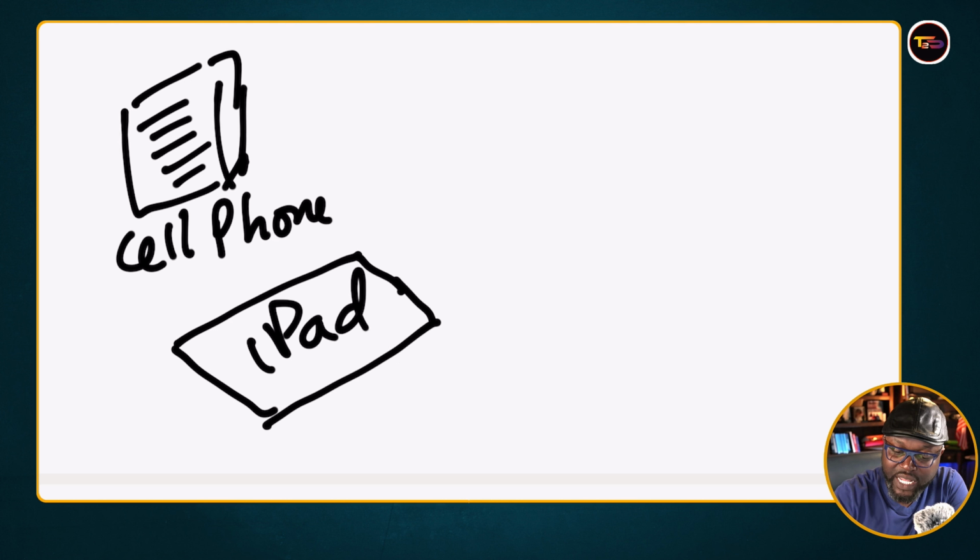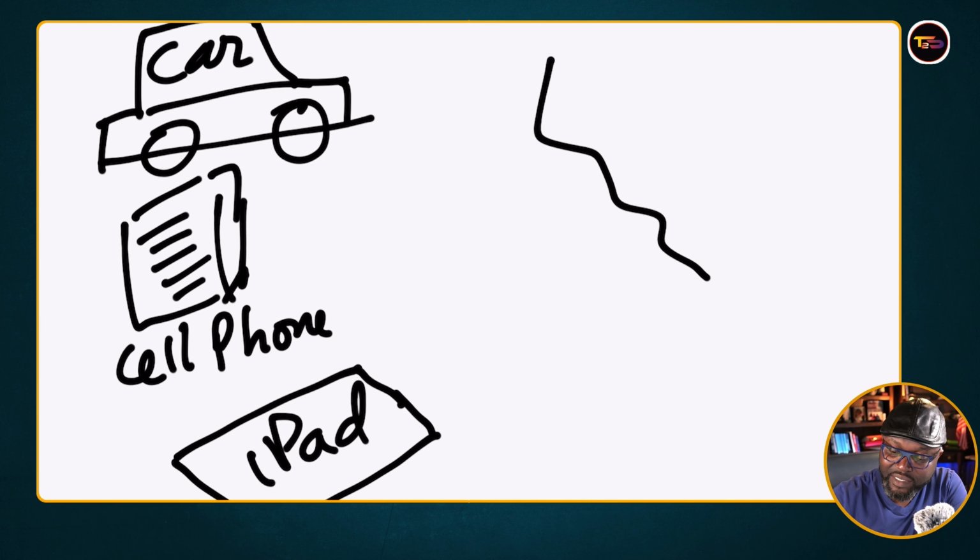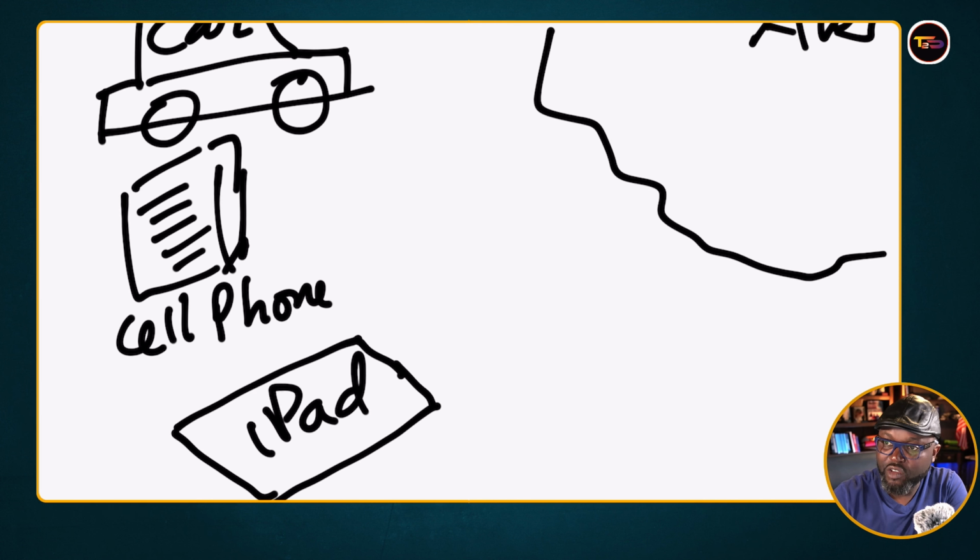And this could be like your car. So you have your car, there are the tires. And then this is your AWS cloud, your account.